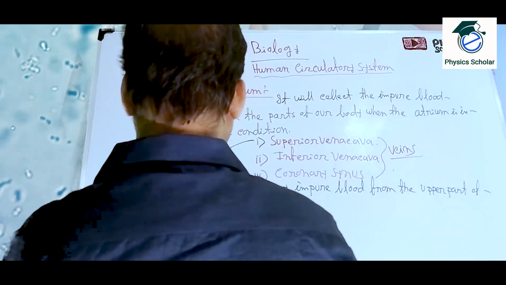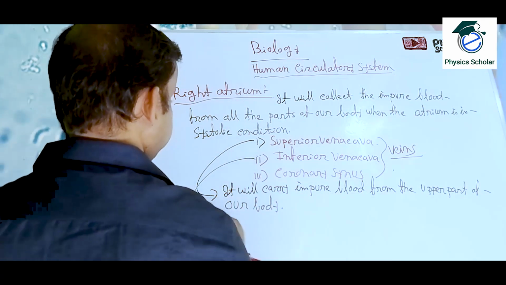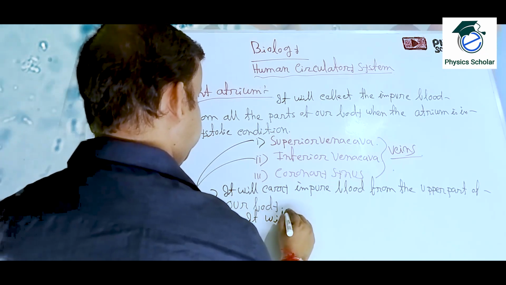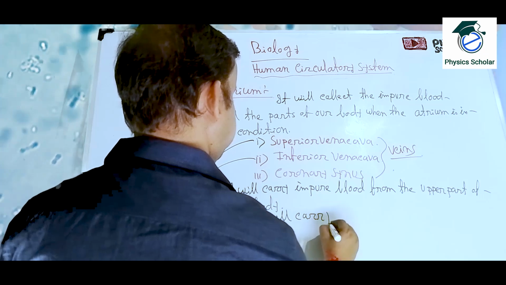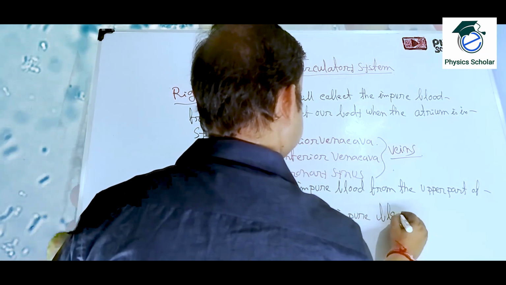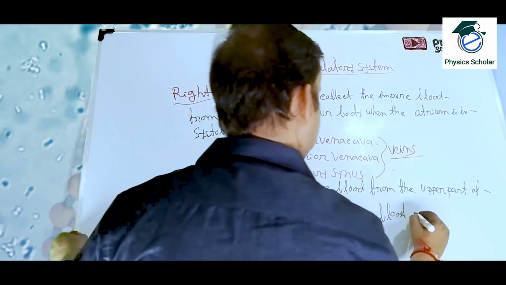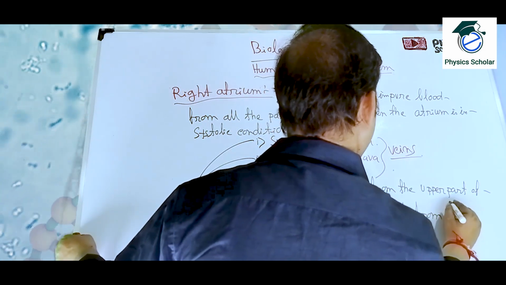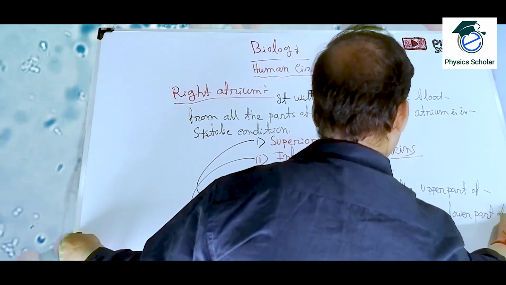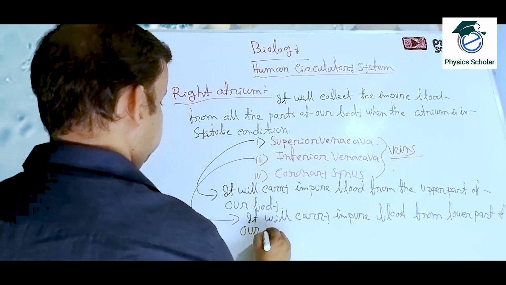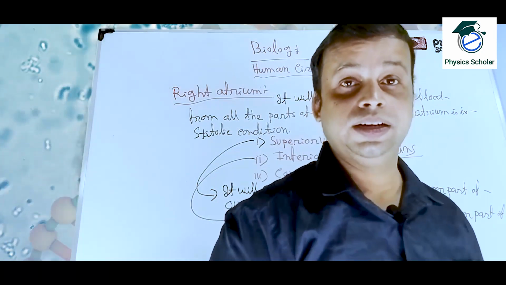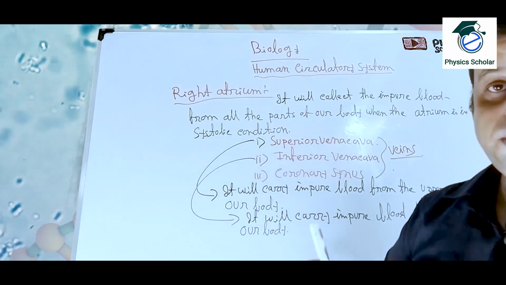Okay, so what is the function of the inferior vena cava? It will carry the same impure blood from the lower part of our body when the atrium is in diastole condition. That means it is expanded.